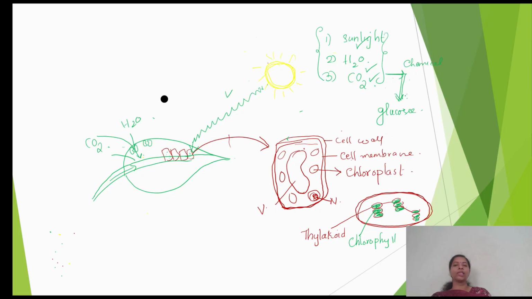And this glucose is stored in different parts of the plant body, right? Along with this, something is being formed. What was that? A byproduct, which is oxygen. And through the stomata only, this goes outside, right?